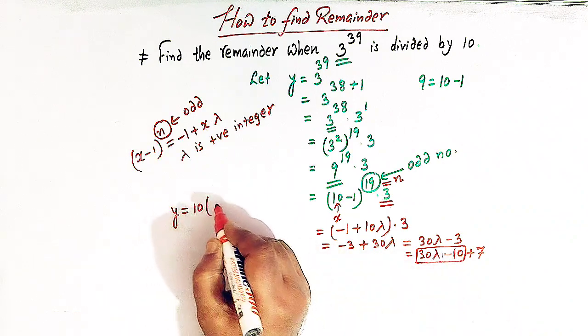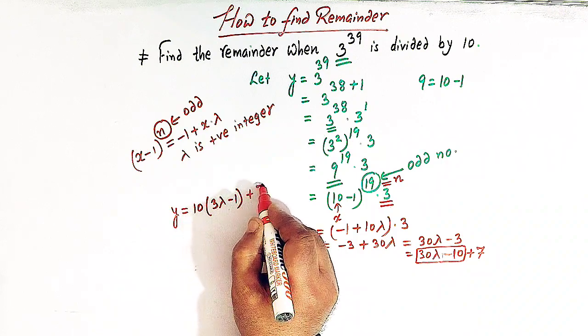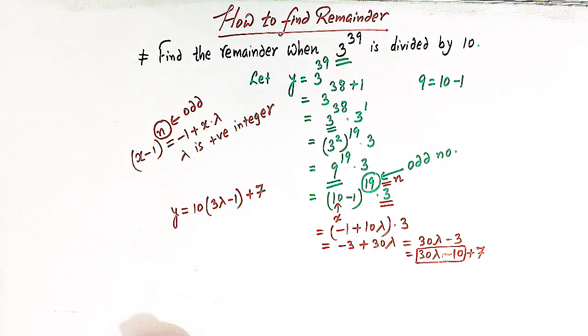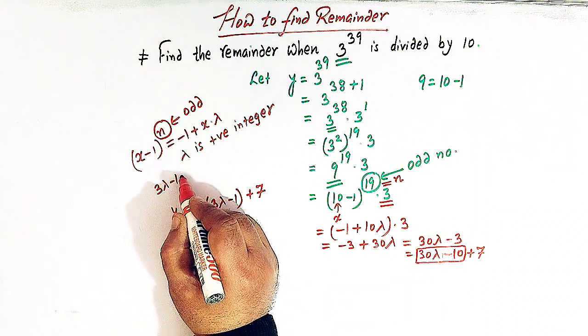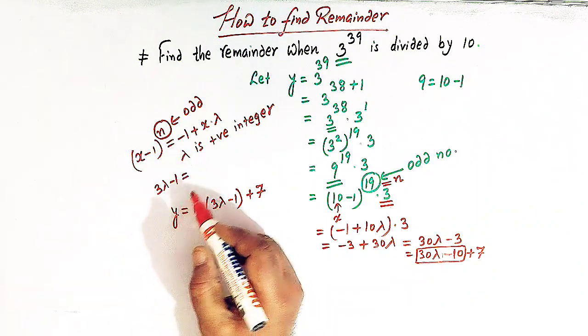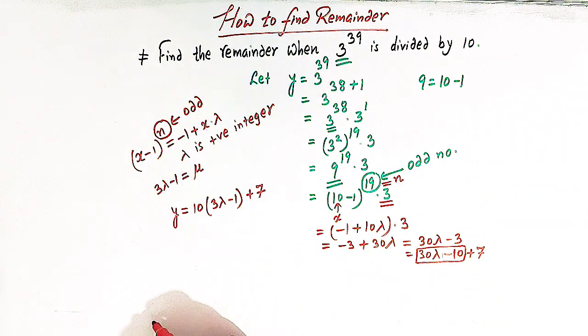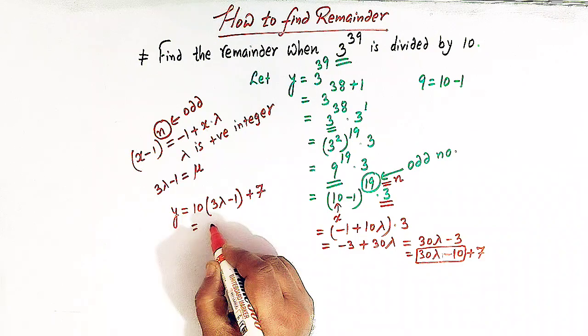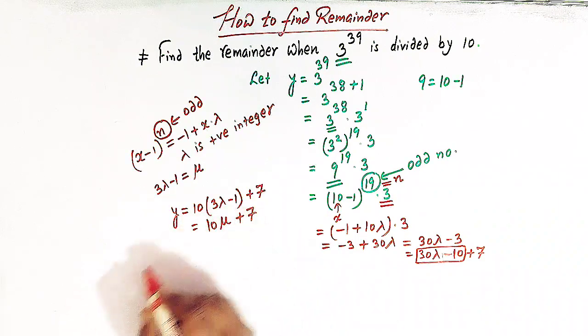So we have 10 times 3 lambda minus 1, and here we have plus 7, right? Now 3 lambda minus 1 can be replaced by some other positive integer. Let us say it as mu, right? So we have 10 times of mu plus 7, right?